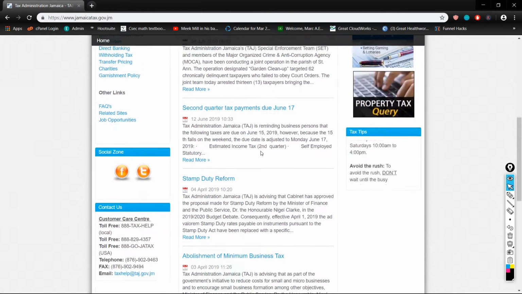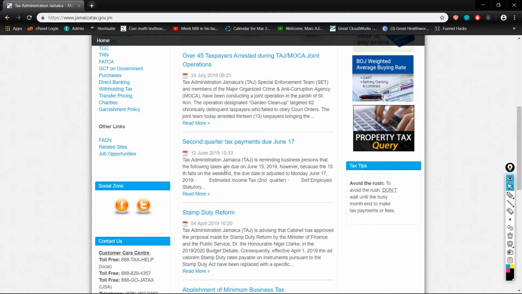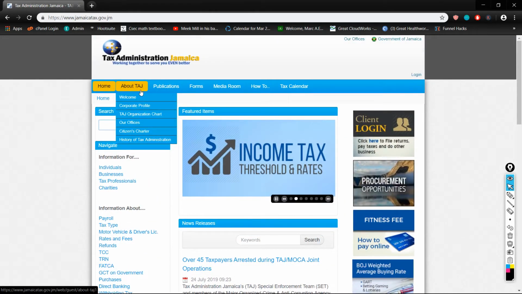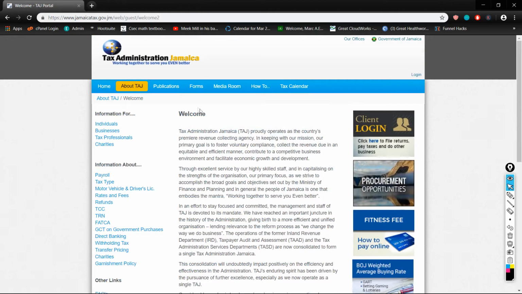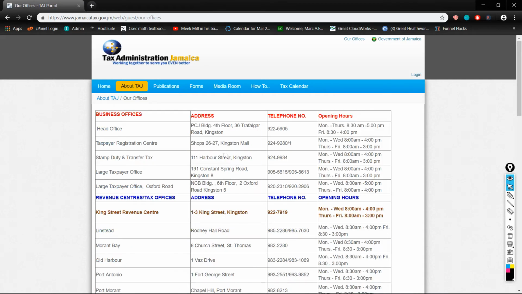And there are several articles here about many different taxes, stamp duty reform, second quarter tax payments, and so on and so on, right? So pretty much you have an about page here, a welcome, and you have all the possible taxes that you can think of. You have your offices down here, your tax offices.